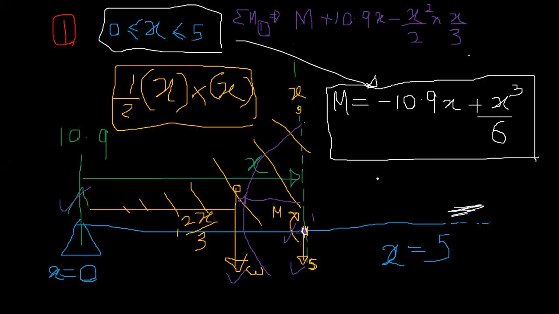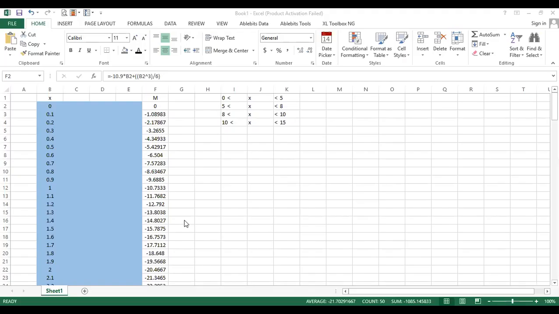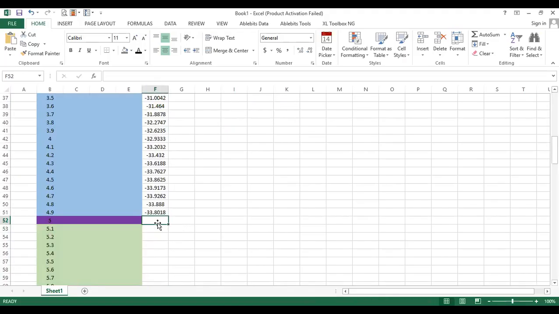The second equation was 10.9 minus x plus 12.5 into x minus 10 over 3. We'll start it from here.